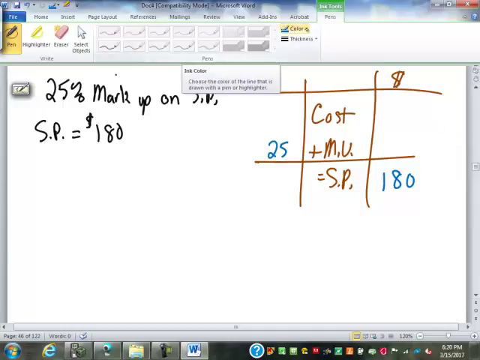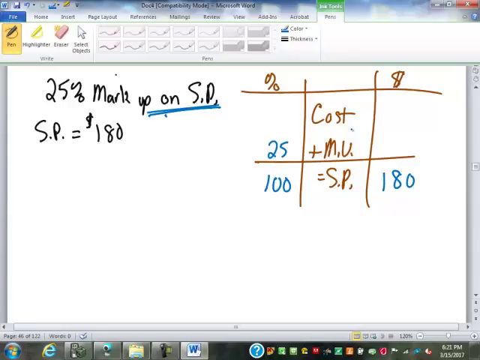Our ever lurking 100 goes on selling price. Because the markup is based on the selling price, that is saying we're using the selling price as the base of our percent. Therefore, it is the 100. So that means the cost has to be 75. Because remember, cost plus markup has to equal selling price. 75 plus 25 equals 100.